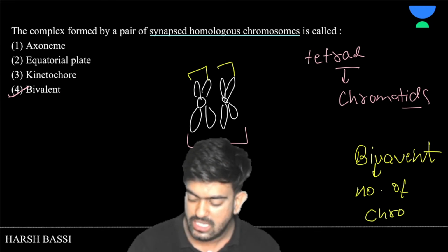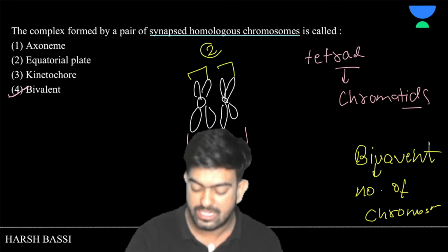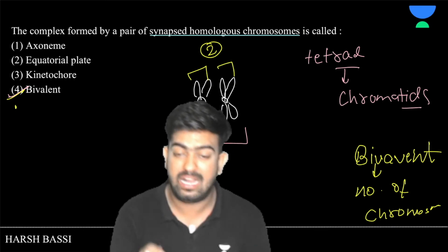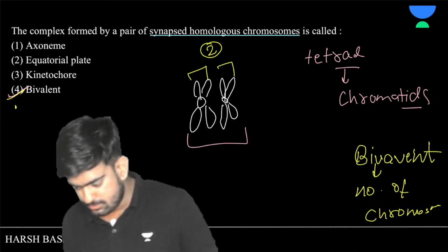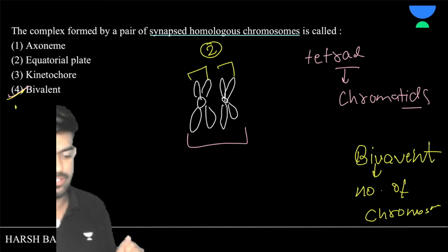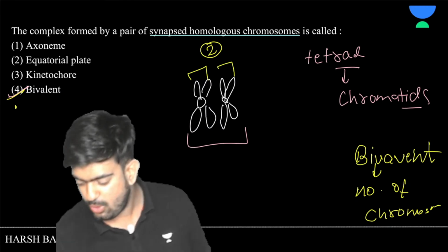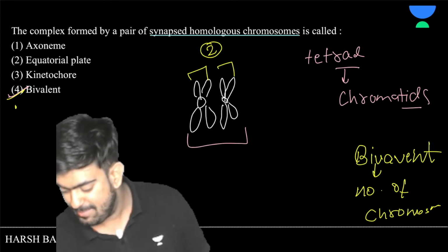Can you see how many chromosomes we have here? We have 2, so that's why bivalent. Clear? If tetrad was also given in the options, tetrad can also be the correct answer. That's very good. I hope that you all have understood this question. If yes, let me know in the comment section.